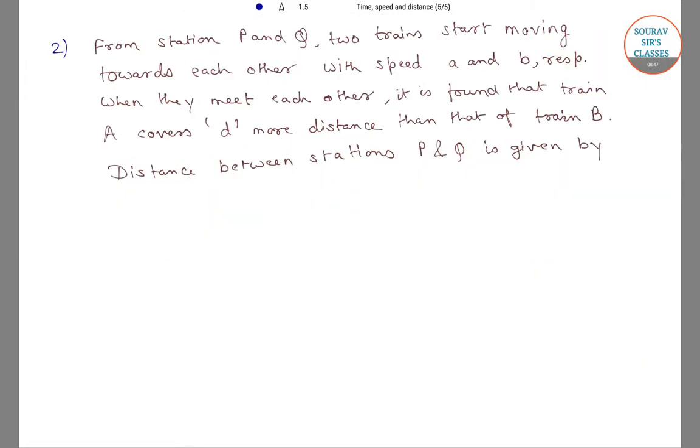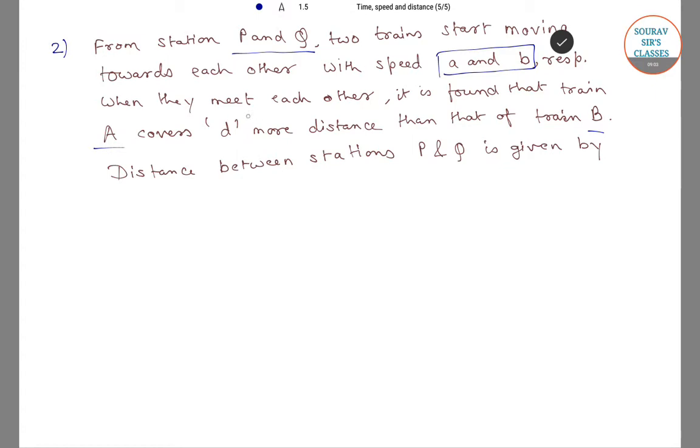Next we have that suppose we have two trains, say A and B, which have started from the stations P and Q and have started moving towards each other with speed A and B respectively.